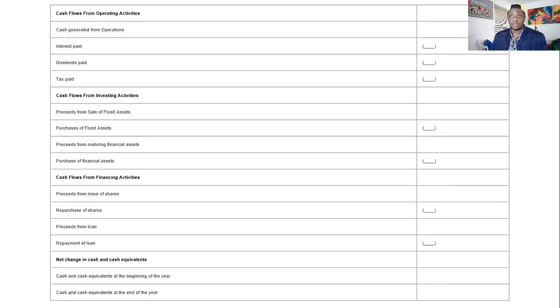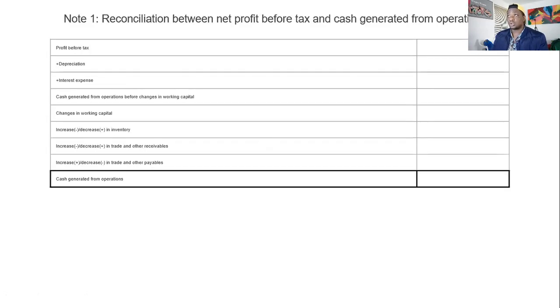Now we're going to look at different notes. The first note is the one for cash generated from operations. This note can also be called the reconciliation between net profit before tax and cash generated from operations.